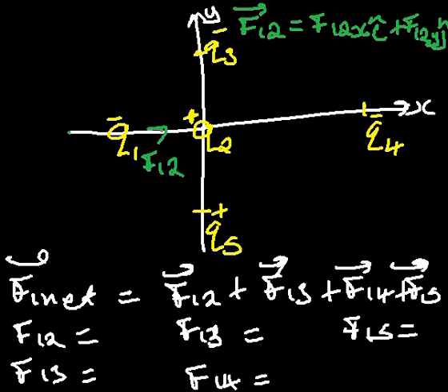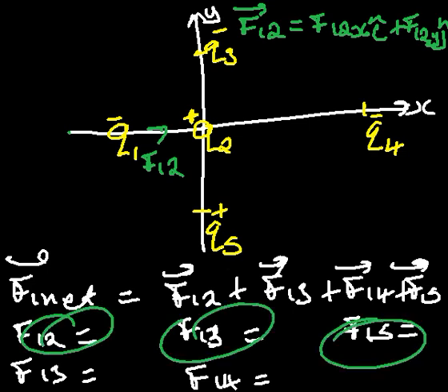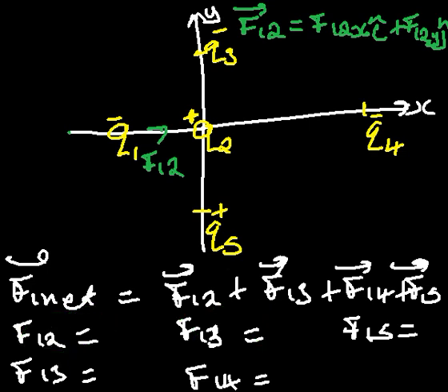And this will happen upon calculating what is F12, F13 and so on. Then you go into the detailed analysis by resolving the force vectors into components. That is that. Then, as you can see, this is the direction of the force F12.